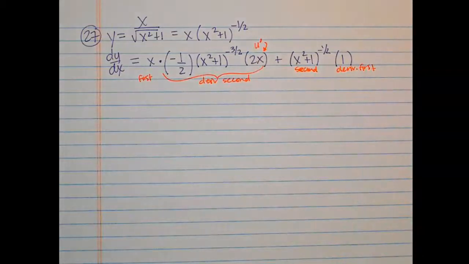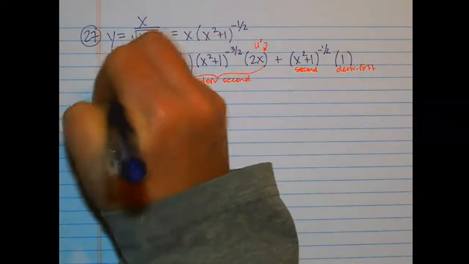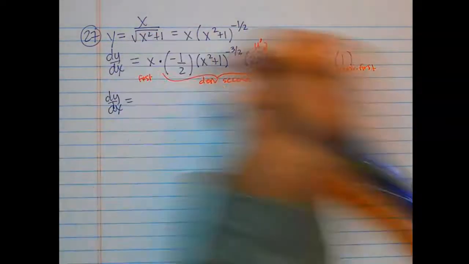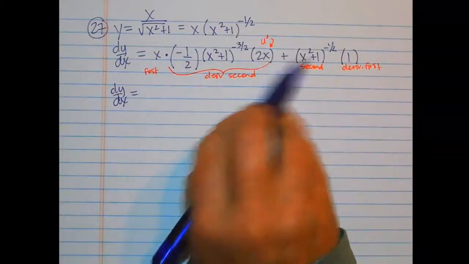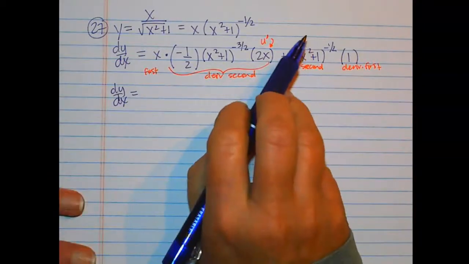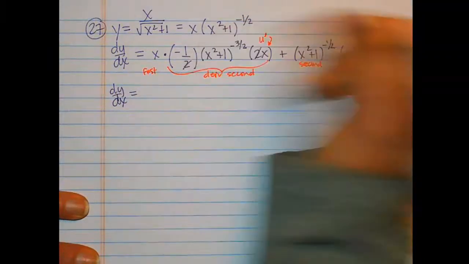Let's simplify it and see if we can tell what's going on, because our goal eventually is to set this equal to 0. So now dy dx, the derivative of y with respect to x, is: the 2 and 2 cancel.